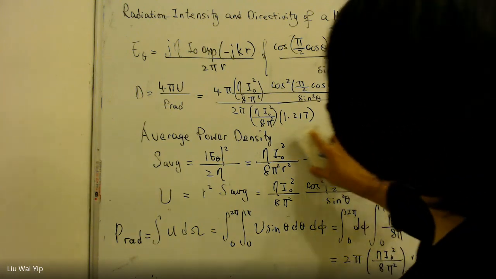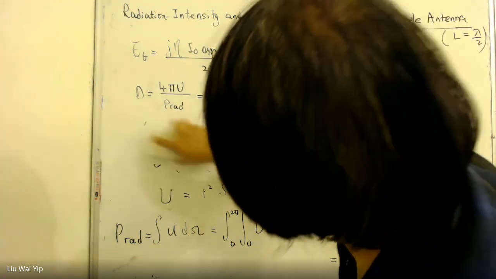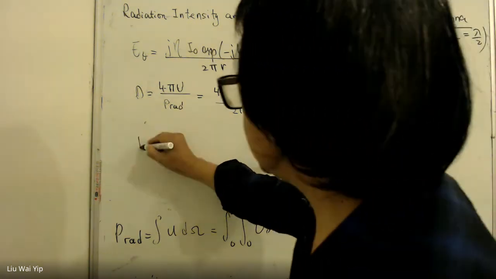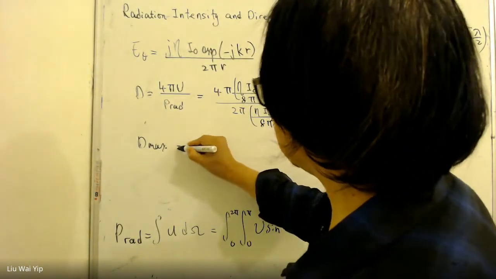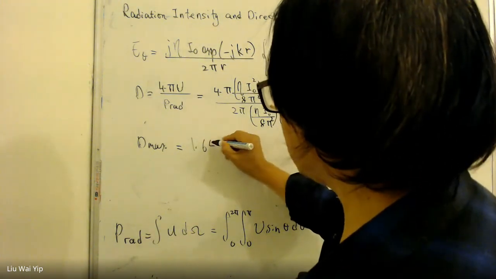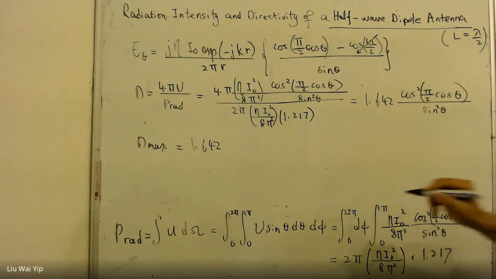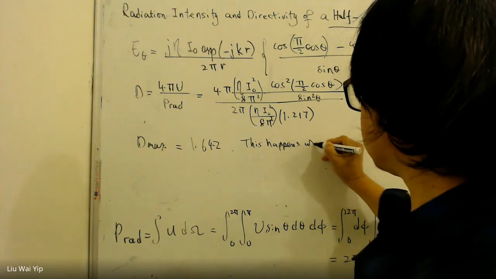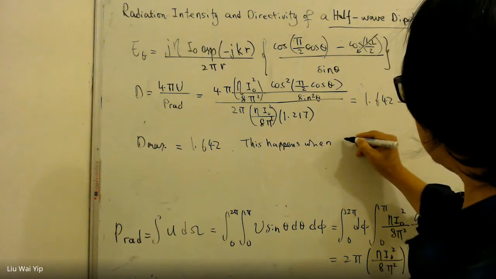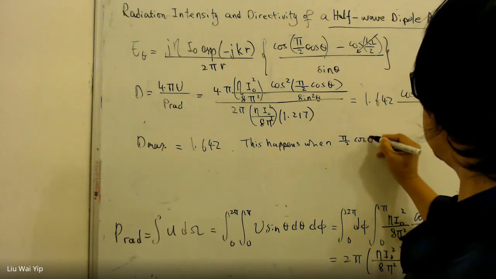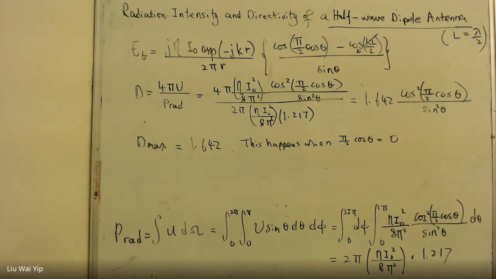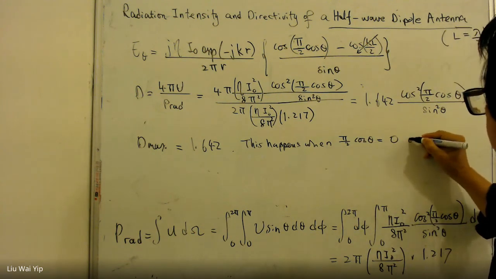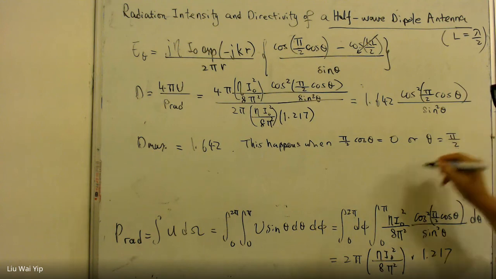So we can just say the maximum directivity is equal to 1.642, and this happens when pi over 2 cos theta is equal to 0, or beta equal to pi over 2.